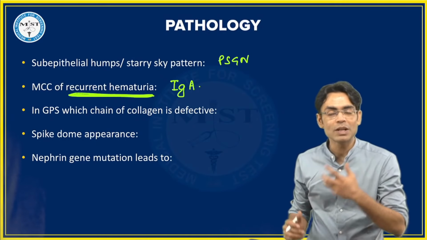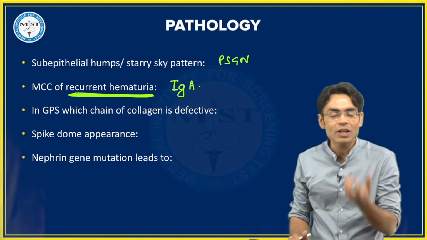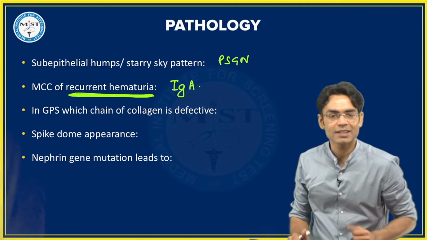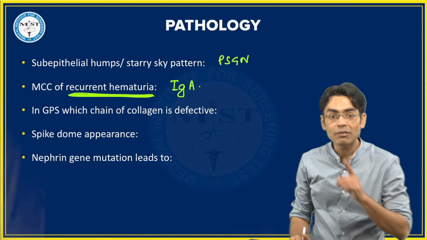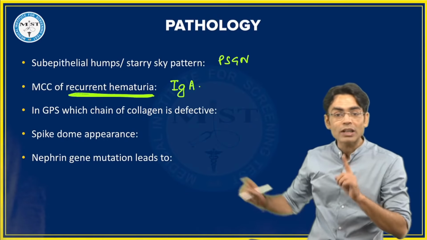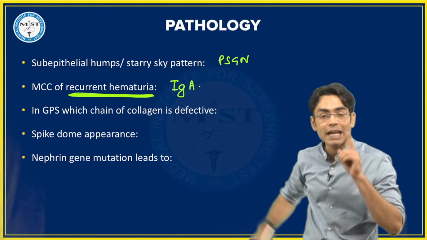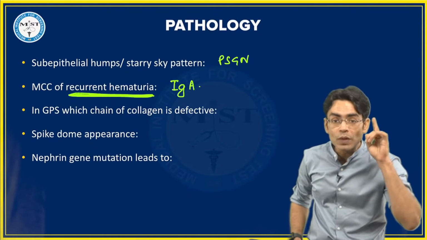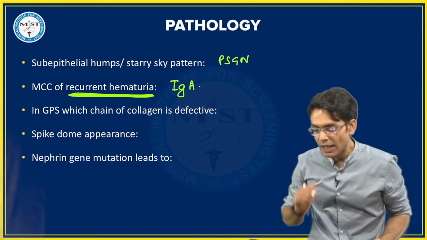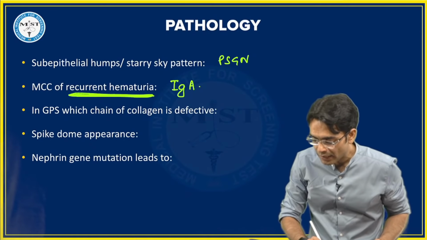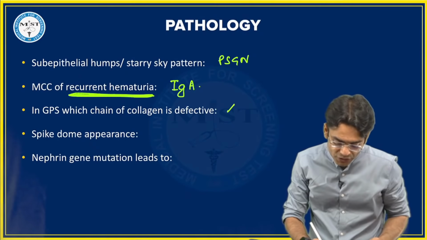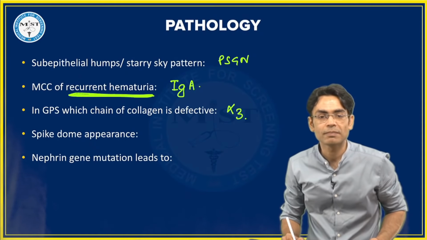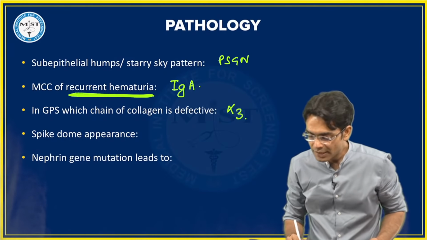So hematuria is not a prominent feature of minimal change disease. Okay? So in Goodpasture syndrome, yeah, beta, which chain of collagen? I am not asking which type of collagen. Type of collagen is type 4. But which chain of collagen is deficient? And you are giving the right answers for that. That type 4 collagen is gone, but the chain is alpha 3 chain. Spike and dome appearance, spike and dome.